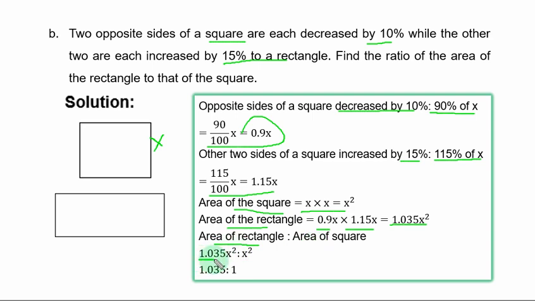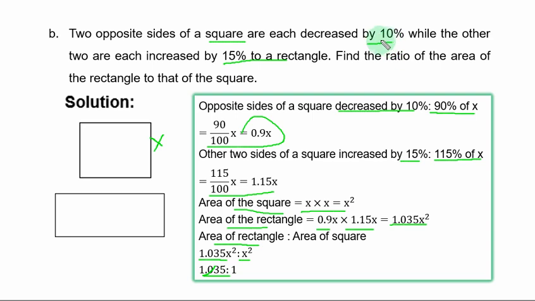So you have area of rectangle ratio area of square. You have 1.035S squared ratio S squared. By the time S squared cancels out, you have 1.035 ratio 1 as the needed ratio.